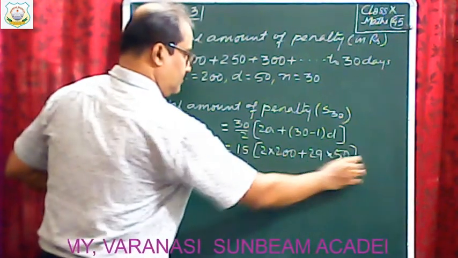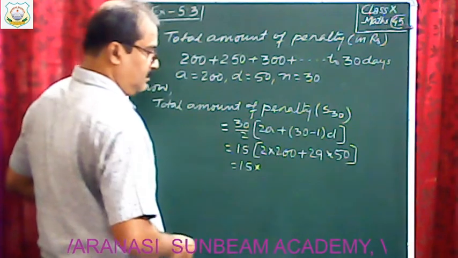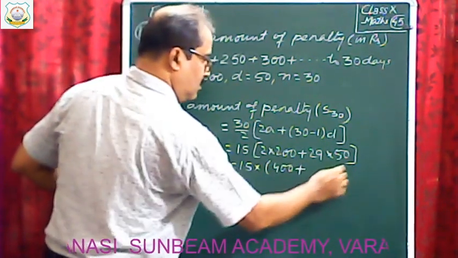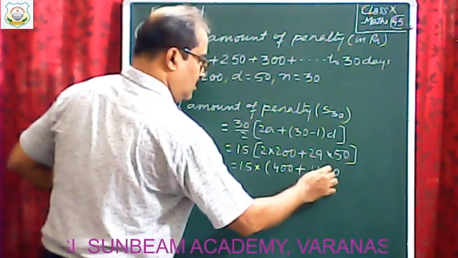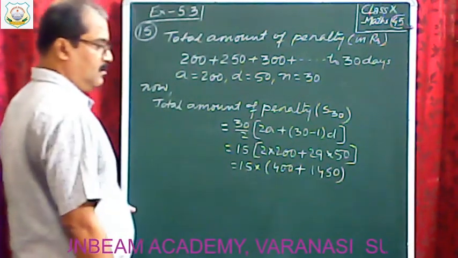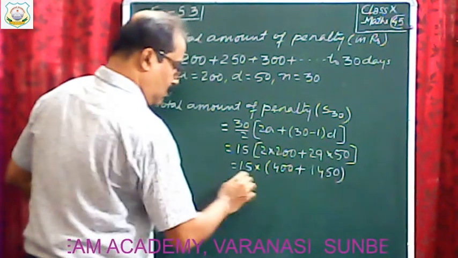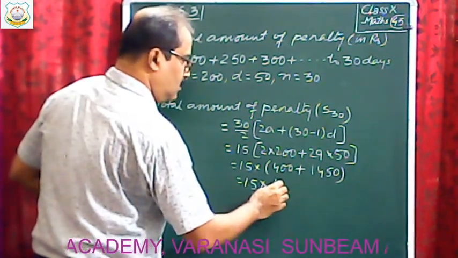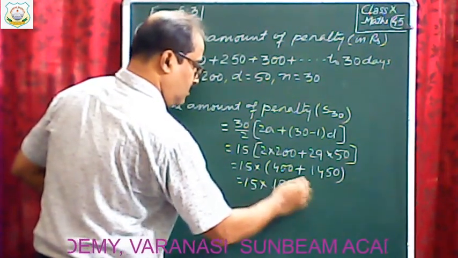Now calculate 15 into 400 plus 29 into 50, you get 15 into 1850.